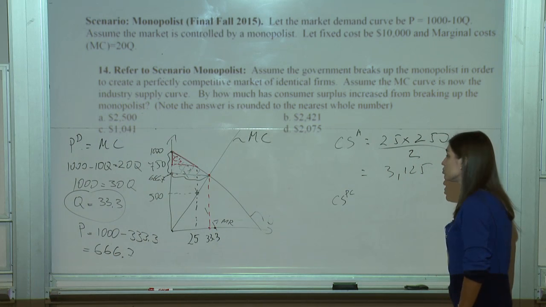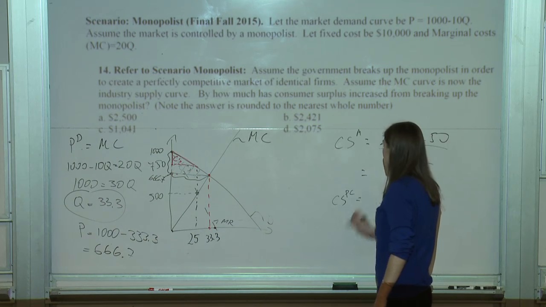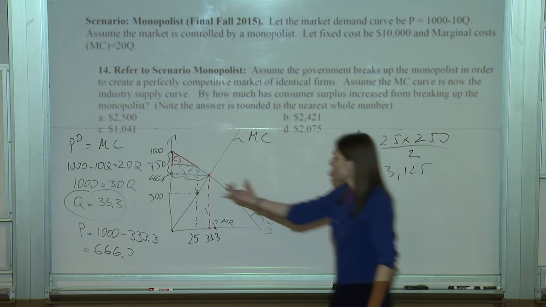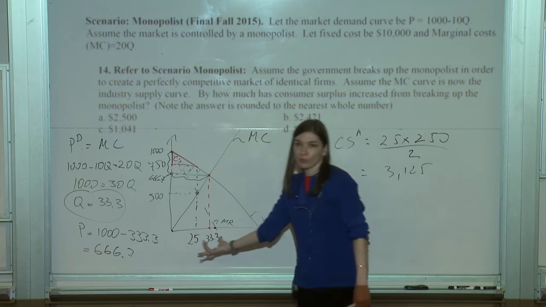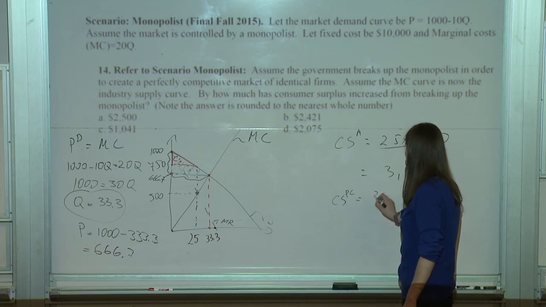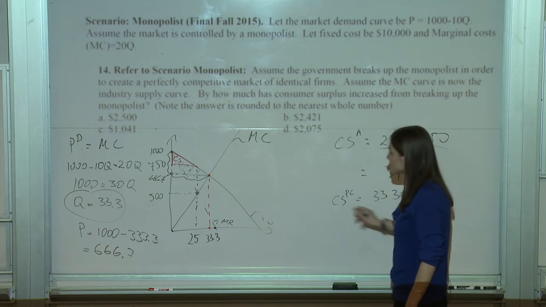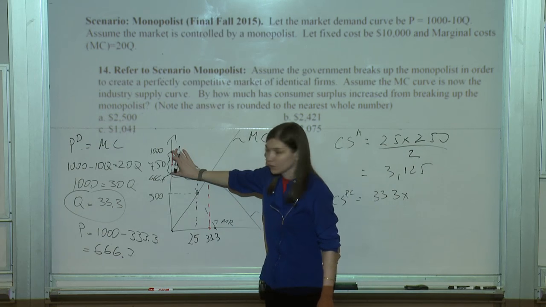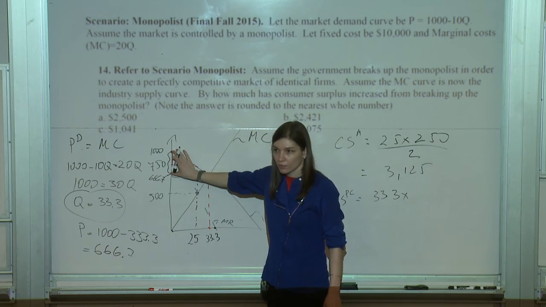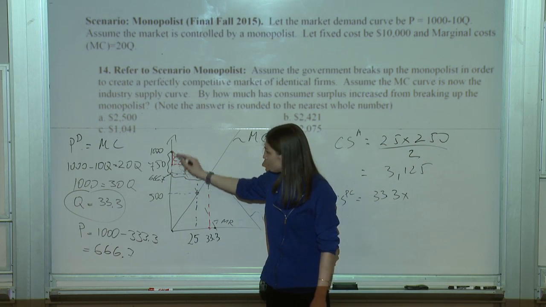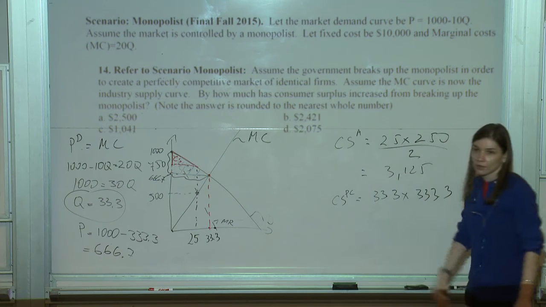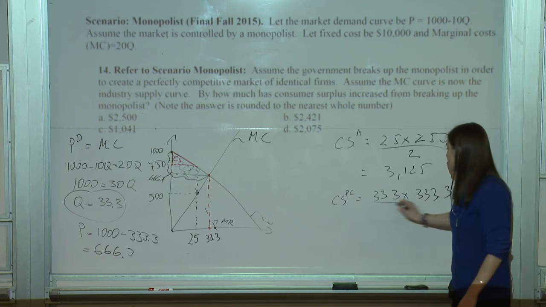Now that I know those two points, what is consumer surplus in perfect competition? Well, we know this side here is 33.3, times, and what is this side here? It's 333.3. That whole thing divided by 2.